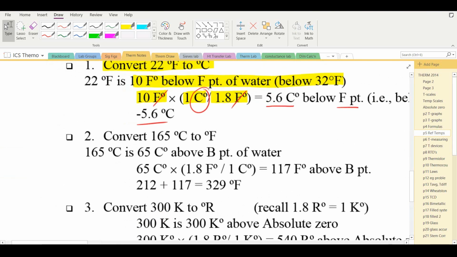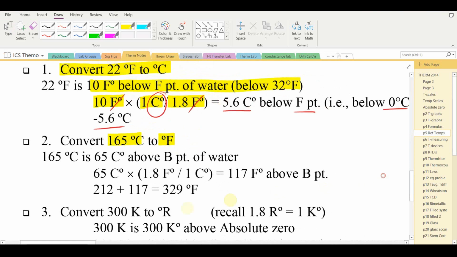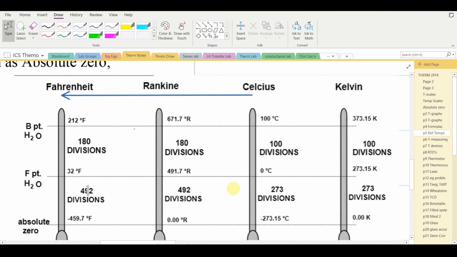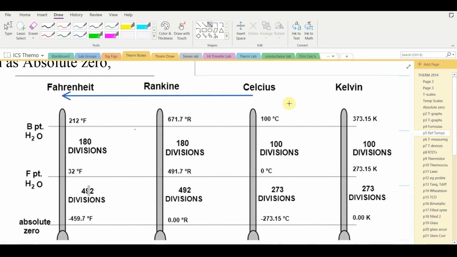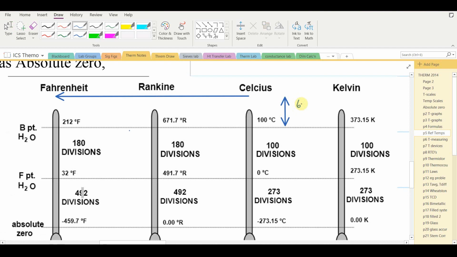We're asked to convert a temperature of 165 degrees Celsius to degrees Fahrenheit without using a formula, by using the method of temperature references. Okay, so where is 165 Celsius? Well, it's somewhere about 65 degrees. This is 65 Celsius degrees above the boiling point. How many Fahrenheit degrees would that be above the boiling point?